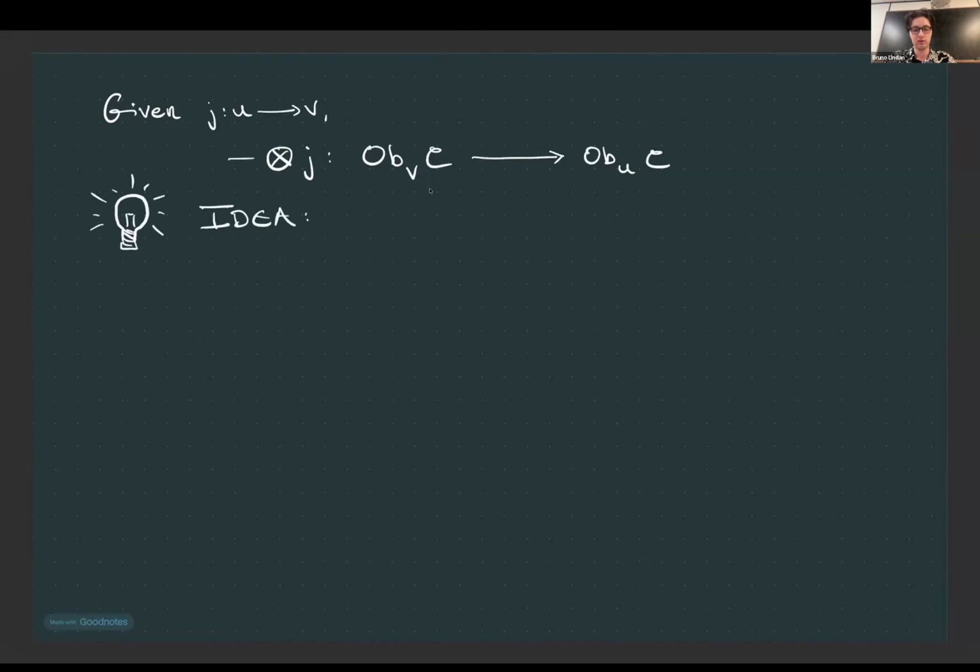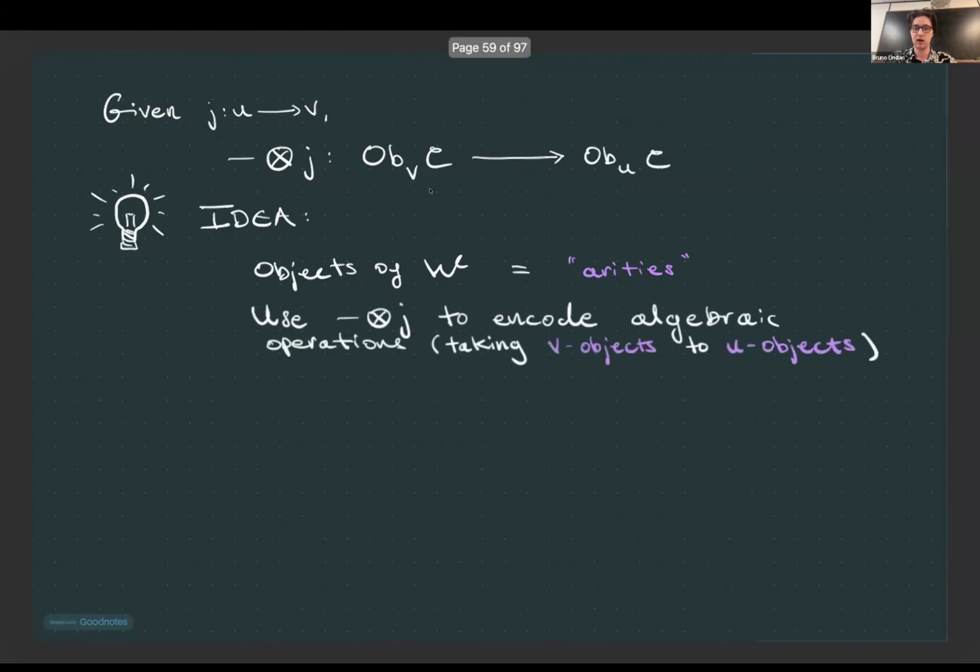And the rough idea of how we want to cook up a base of enrichment so that today we're going to recover categories with finite products, but more generally with some kind of algebraic structure, is that I want the objects of my base to be like the arities involved. And I want to use these tensor products to encode the operation of taking objects of arity V to objects of arity U.